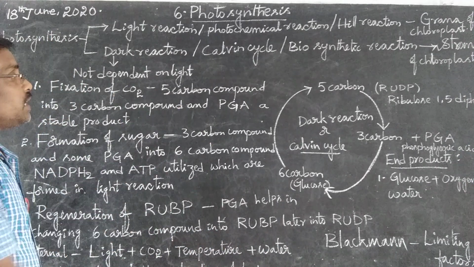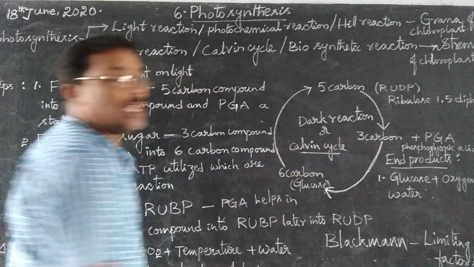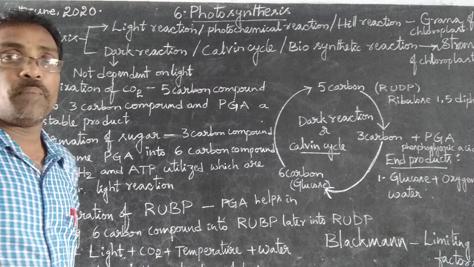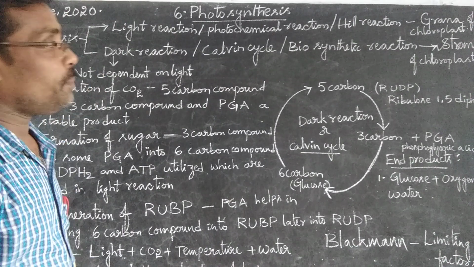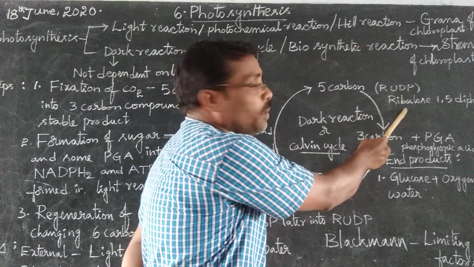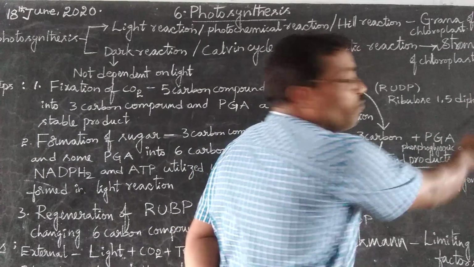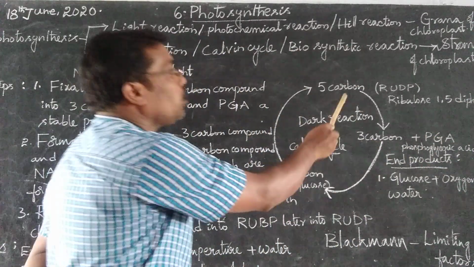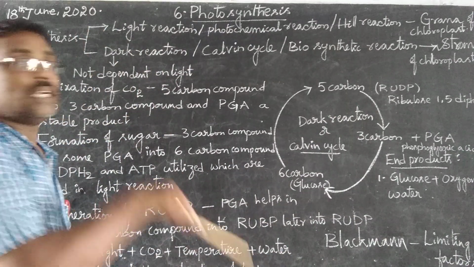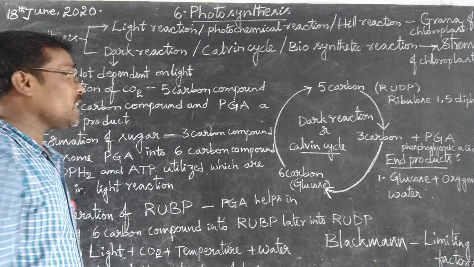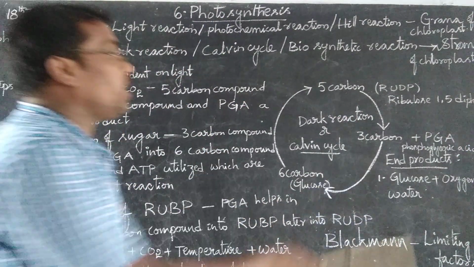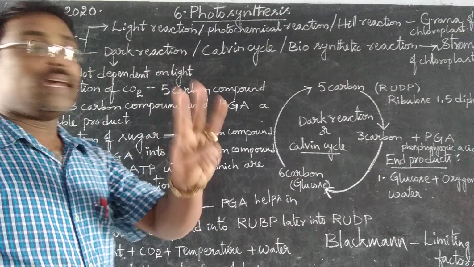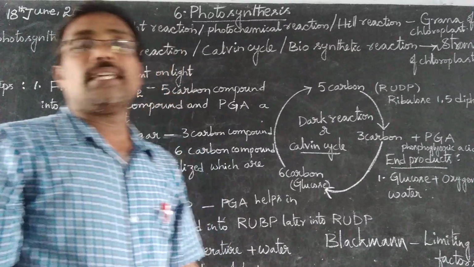For that fixation, the 5 carbon compound is RUDP. It is a sugar compound. The full form of RUDP is ribulose 1,5-diphosphate. In the dark reaction, that 5 carbon compound is converted into a 3 carbon compound plus PGA, phosphoglyceric acid.